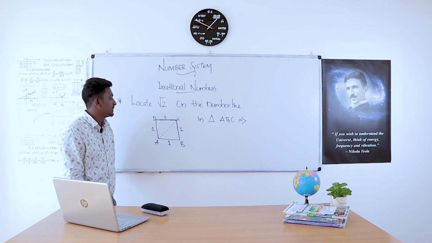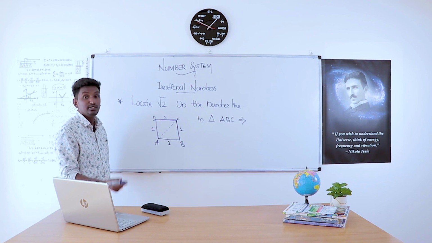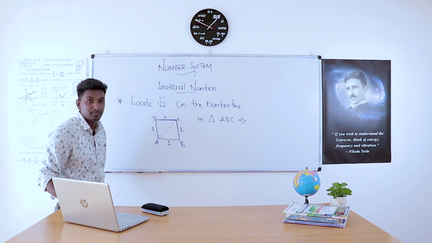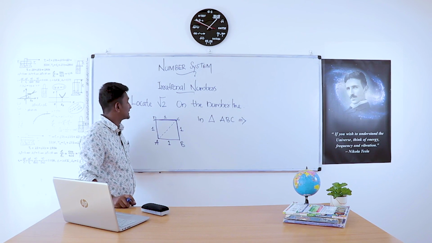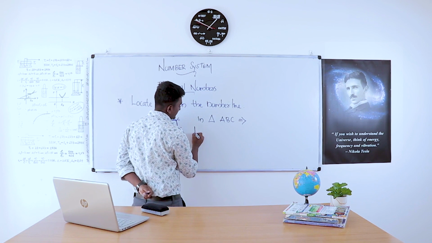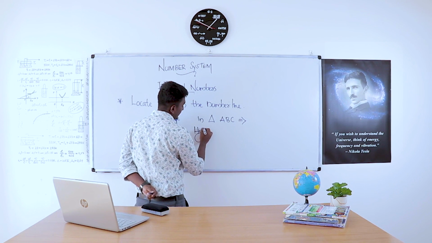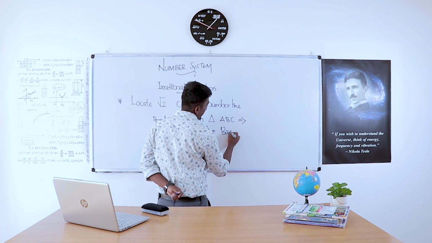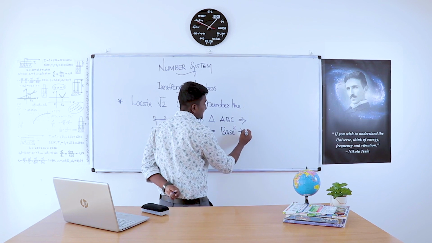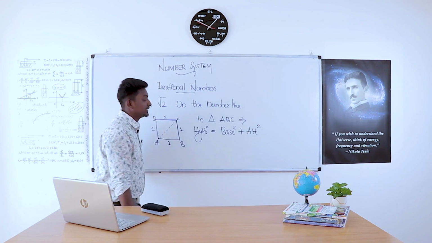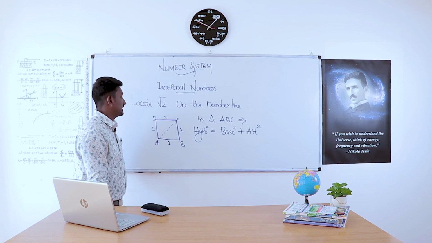We are applying Pythagoras theorem to this triangle ABC to find the hypotenuse AC. Pythagoras theorem is hypotenuse square is equal to base square plus altitude square.